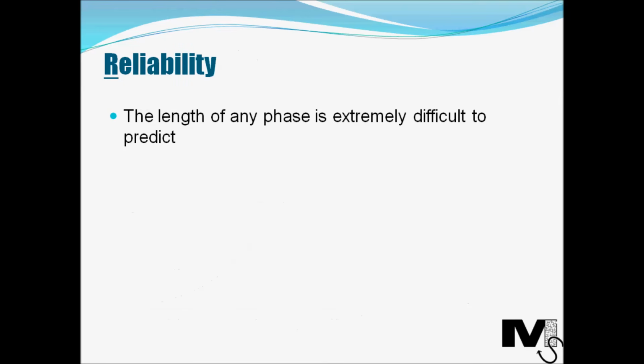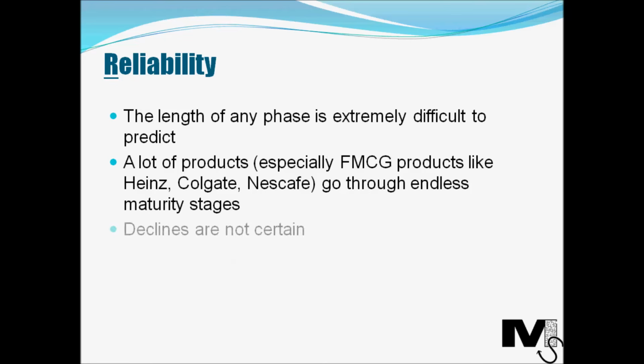So as just seen in the chart for Samsung mobiles, we can't determine if a lot of brands, portfolio of brands, concepts, companies, etc. are actually going to stay in the maturity stage or the growth stage for a number of years or a number of months. So it's just too difficult to predict the length of any phase in the model.